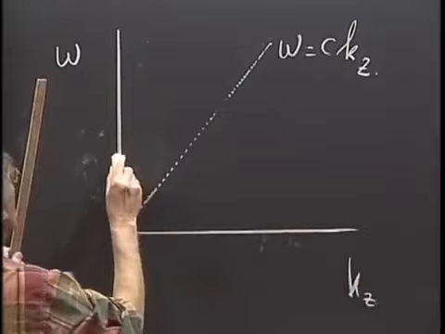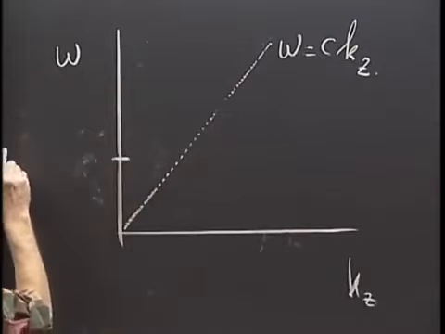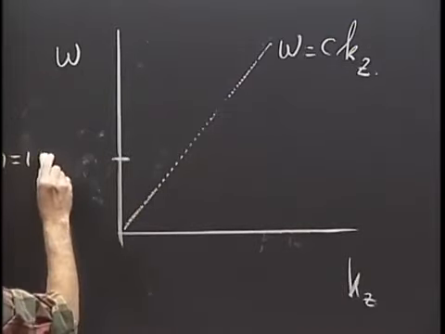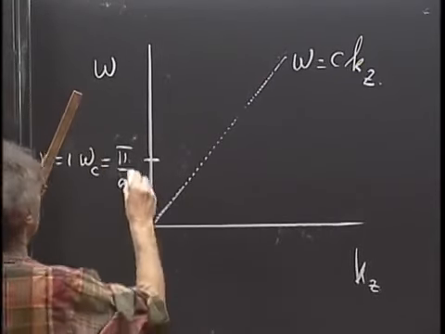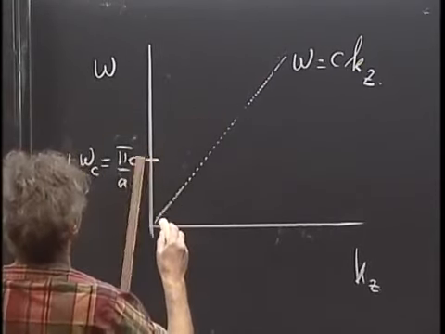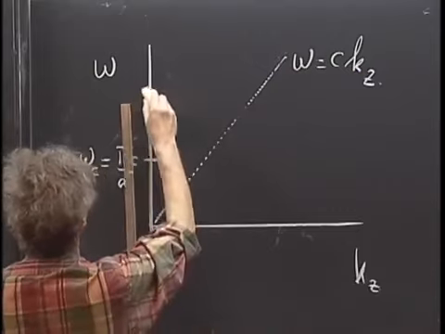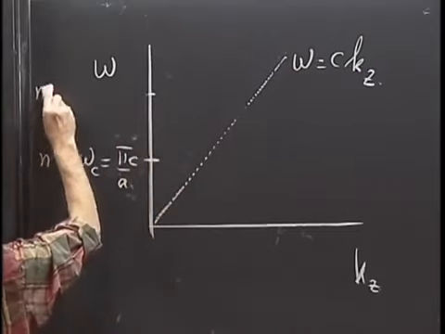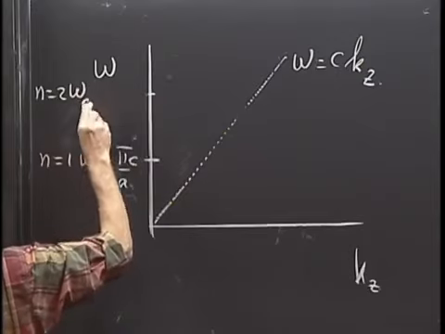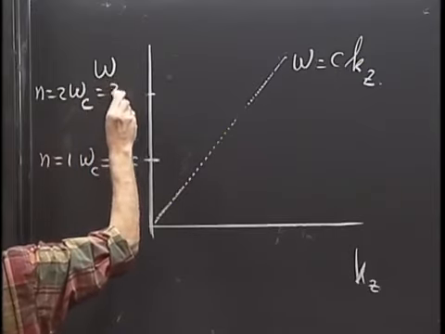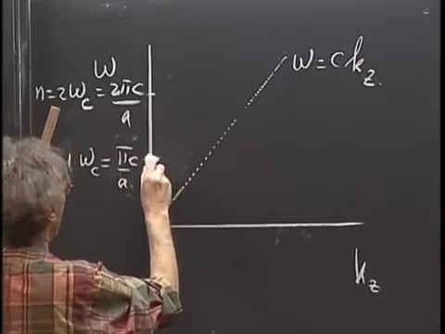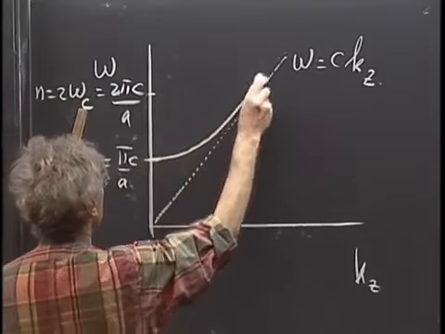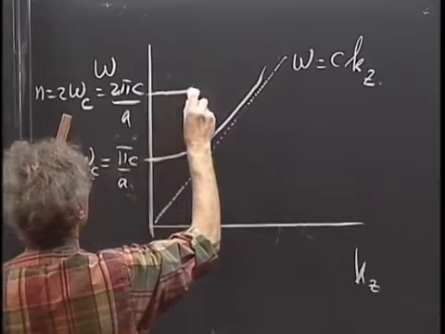And here now is your n equals 1, omega c equals pi divided by a times c, and here, exactly twice as high, is n equals 2, whereby omega c is 2 pi times c divided by a. And so I have one line here, and I have another line here.